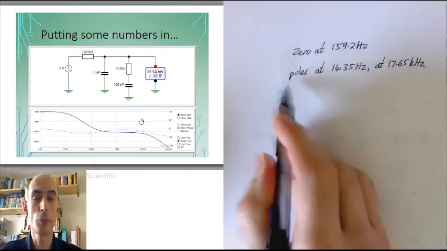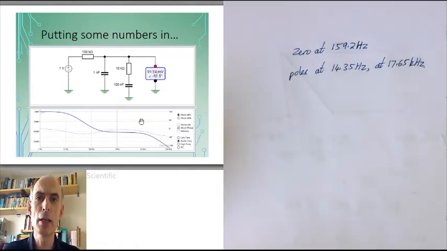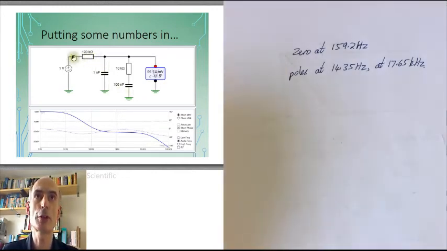The other information that we will need to use the Bode approximation is the gain at a particular frequency. We can either go back and look at the frequency response, or we can just look at the circuit and note that at very low frequencies, the capacitors will have an effectively infinite resistance, which means there will be no current flowing around this circuit, which means there will be no potential drop across this 100k resistor, which means the output will be equal to the input.